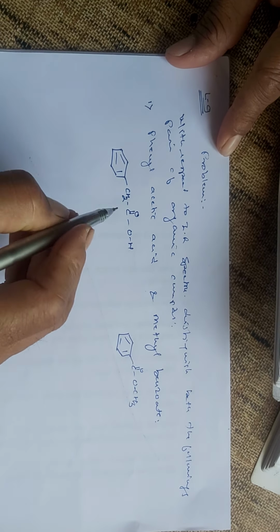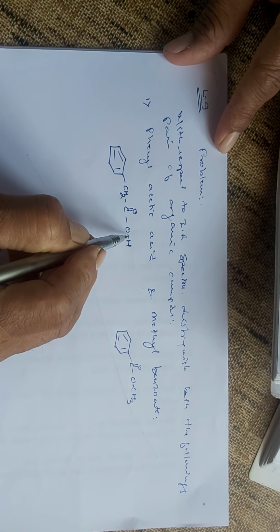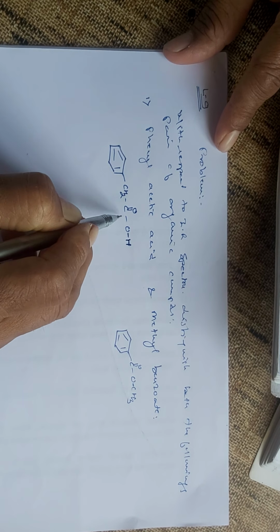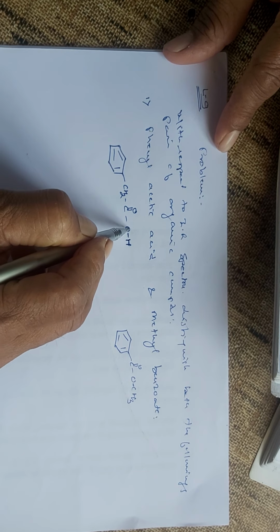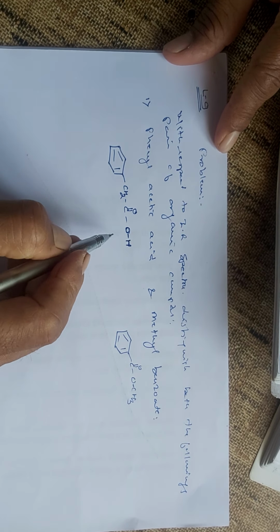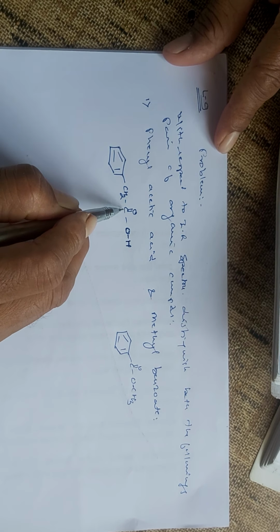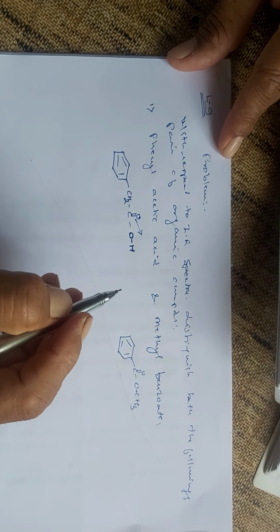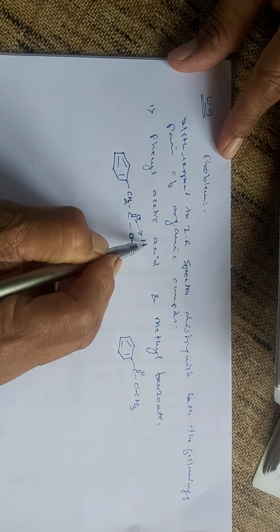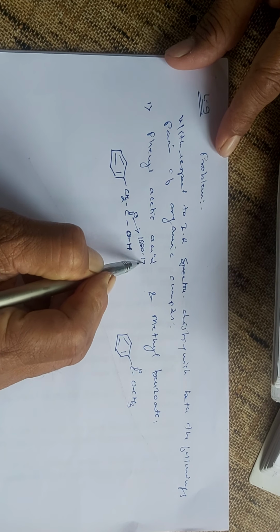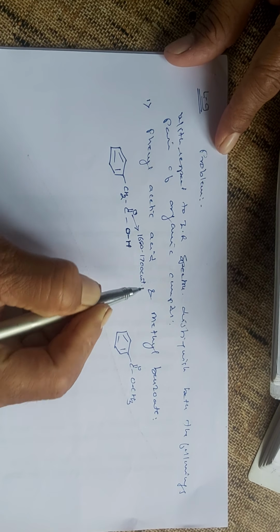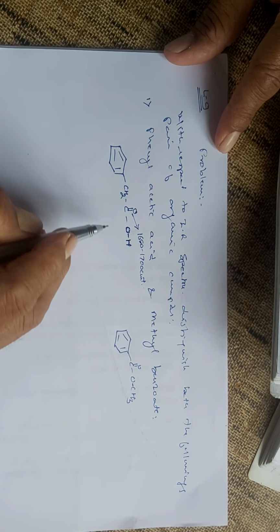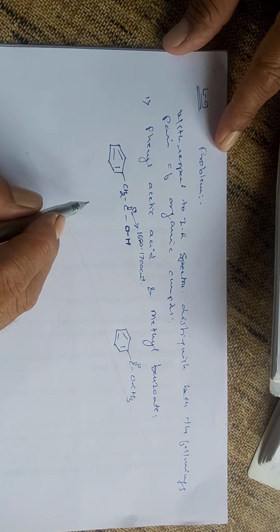So phenylacetic acid has the functional group, that is the carboxylic group, and the specialty of this carboxylic group is that it will give you the absorption frequency of the carbonyl group, and this carbonyl group will show the absorption frequency around 1680 to 1700 reciprocal centimeter, because we have discussed in the last lectures that carboxylic acids always exist in a dimeric form.